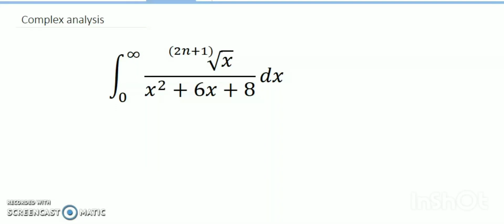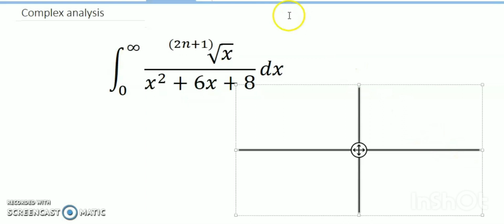Today's discussion is complex analysis. So friends, this problem is very interesting. This is the residue theorem. I apply the residue theorem. At first I have to draw the diagram. Okay.